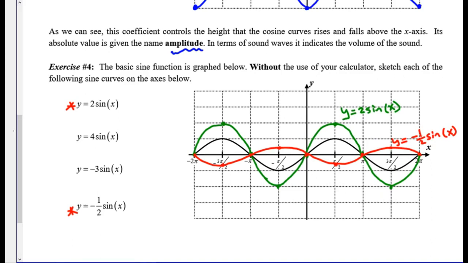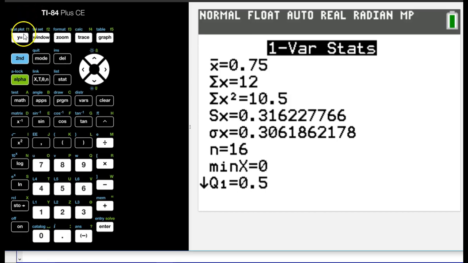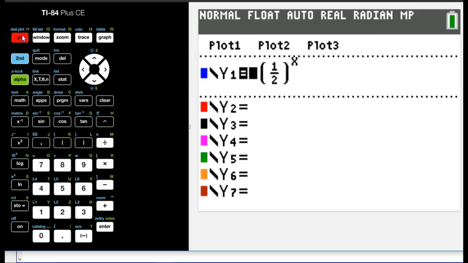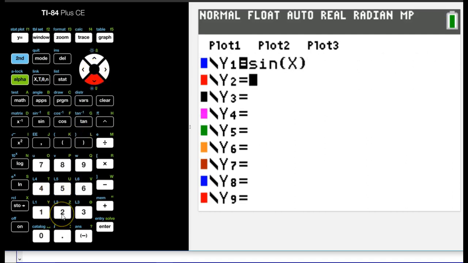And before we sign off, I want to show you real quick on a graphing calculator how to graph the 2 functions. So if you have a graphing calculator, you're going to go to your y equals, clear out whatever's there. You could do sine of x. I'm going to do sine of x in blue, and then below that I'm going to do, let's say, 2 sine x.